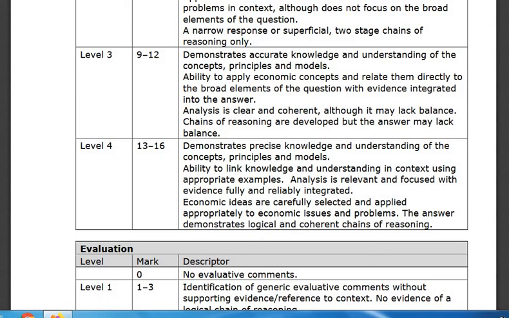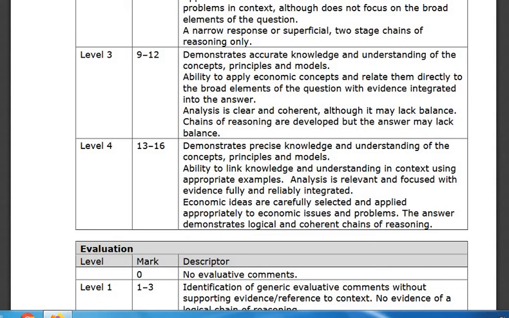Economic ideas are carefully selected and applied, so you're not just taking random stuff and wasting your time writing things that might be factually correct but aren't relevant to this particular question. So your ideas are carefully selected and applied appropriately to economic issues and problems, the issues and problems outlined in the question, essentially.